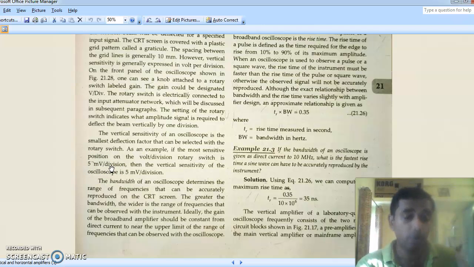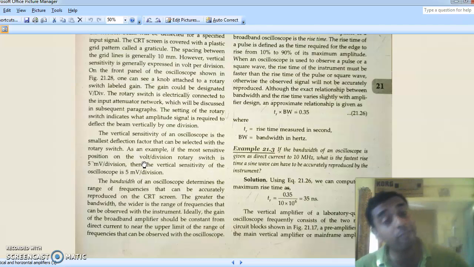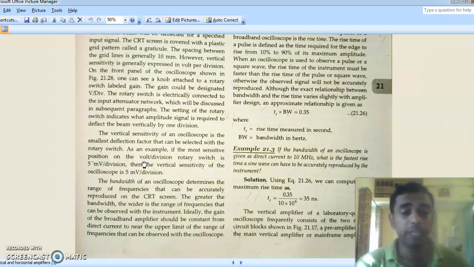That is the sensitivity: a 5 millivolt input signal will cause 1 mm deflection vertically.